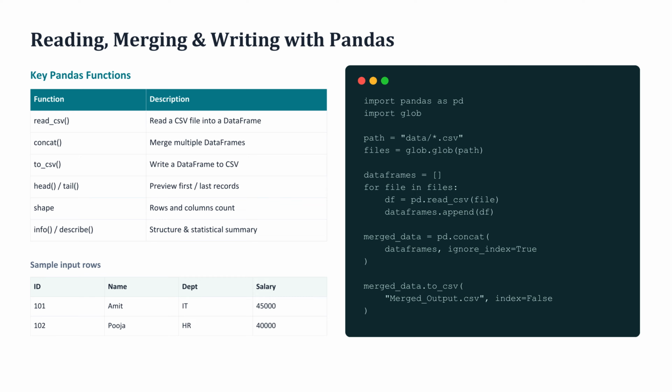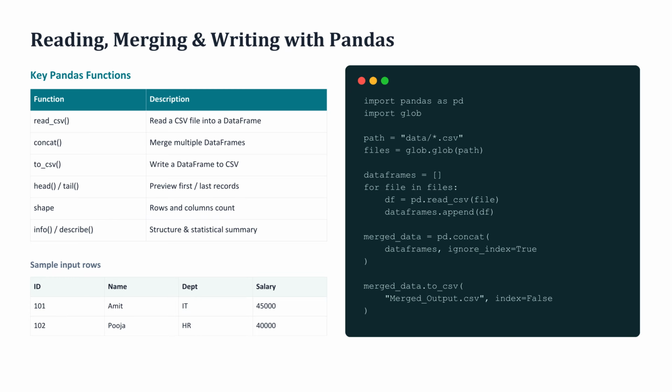Next is to_csv. It writes a data frame back out to a CSV file. head and tail preview the first or last few records. shape tells you the row and column count. info or describe will give you the structure and statistical summary of your data.